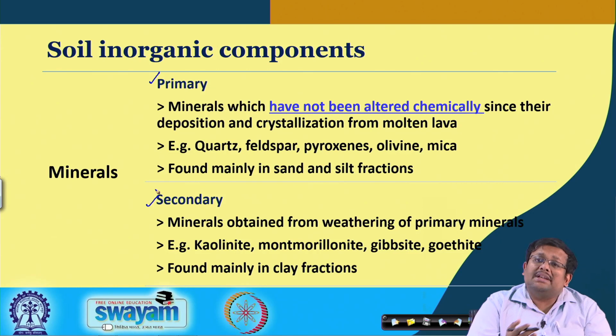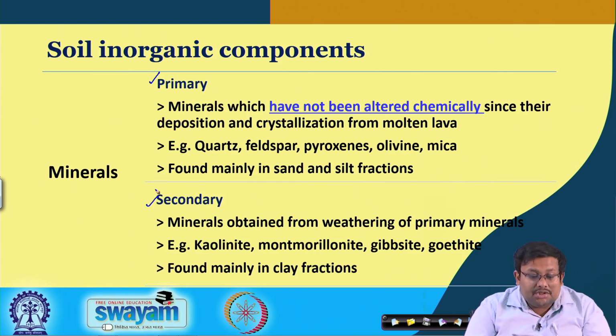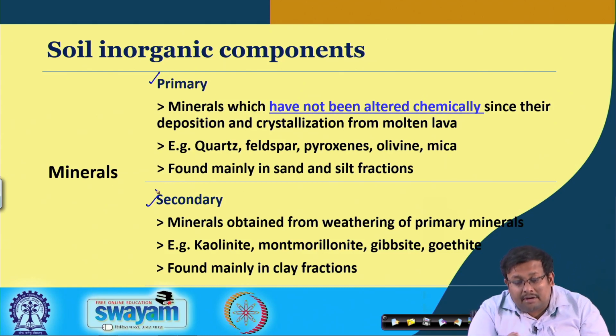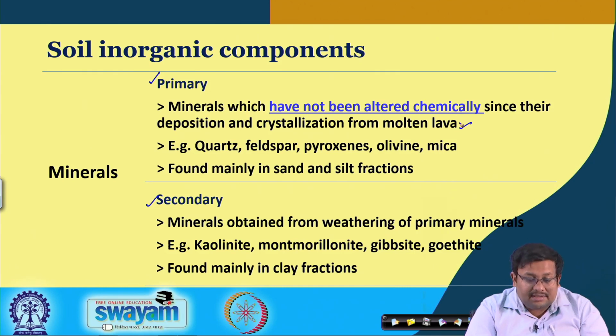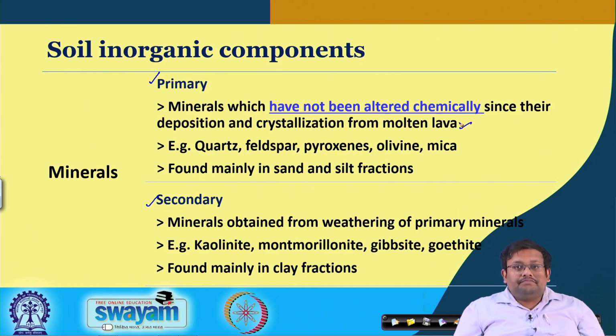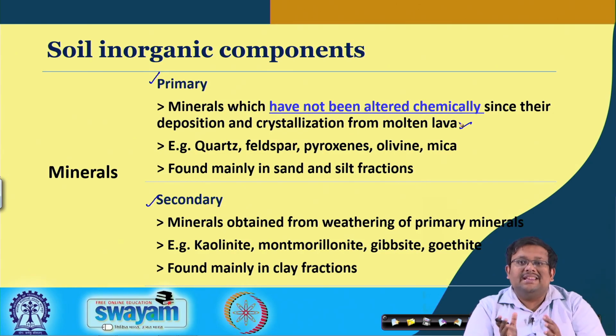Okay. So, what is the difference between primary minerals and secondary minerals? The minerals which have not been altered chemically since their deposition and crystallization from the molten lava are known as the primary minerals. You know that all the minerals are developed from weathering of the rocks. So, these primary minerals are basically composing the rocks.